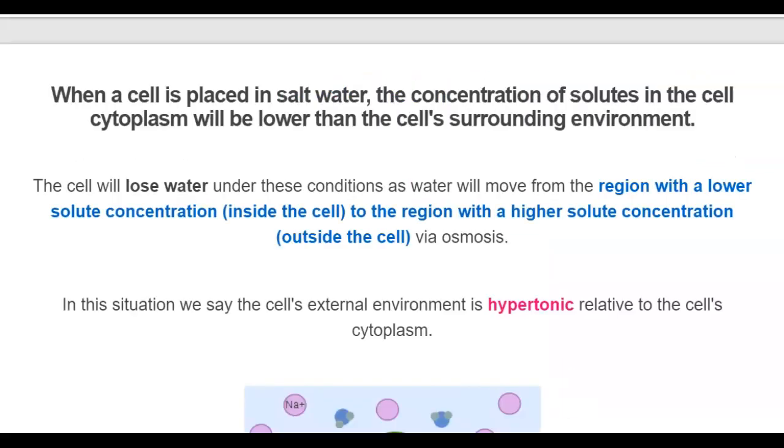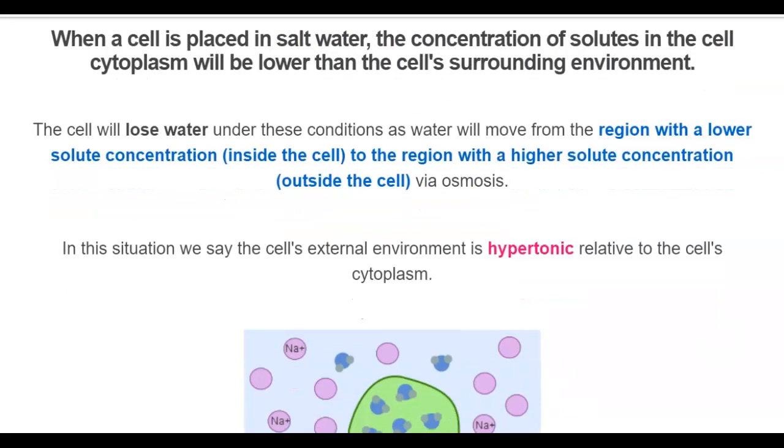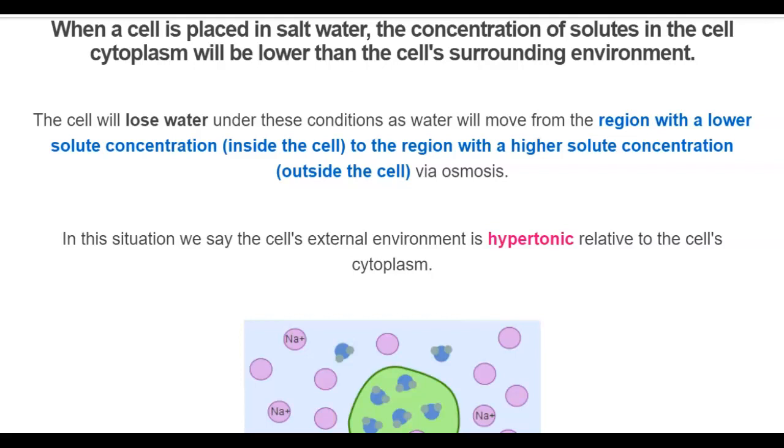Okay, moving along. If a cell is placed in salt water, the concentration of solutes in the cell cytoplasm will be lower than the cell's surrounding environment. This might, for example, be the ocean. The cell will lose water under these conditions as water will move from the region with a lower solute concentration inside the cell to the region with a higher solute concentration outside the cell via osmosis.